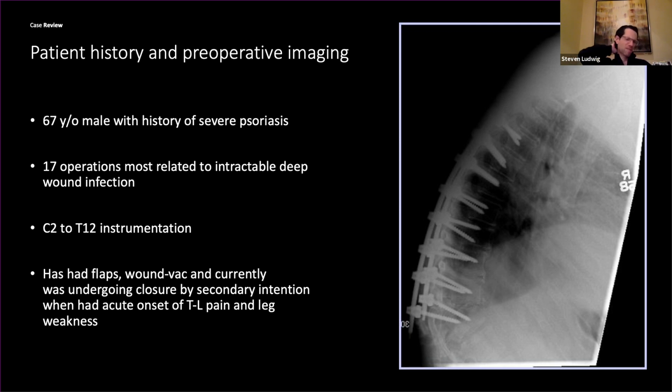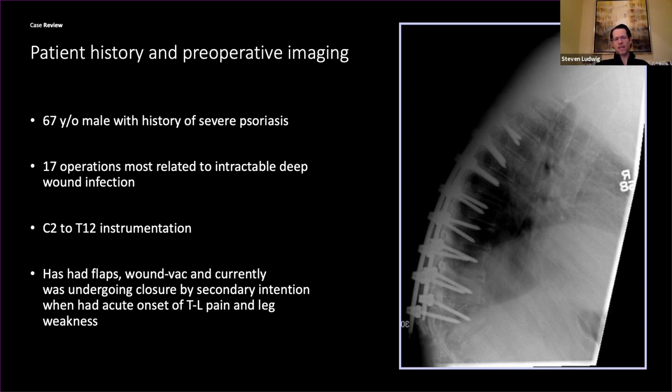This case is probably about 8 to 10 years old. He had an open wound that was being closed secondarily and managed at an outside institution by a plastic surgeon with local wound care.